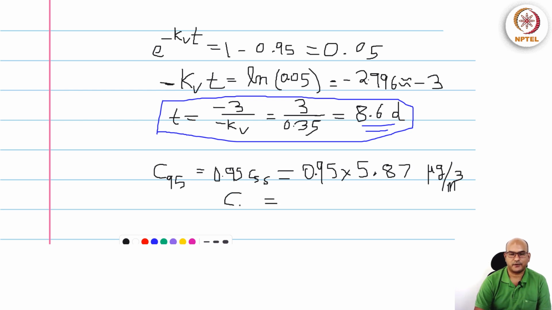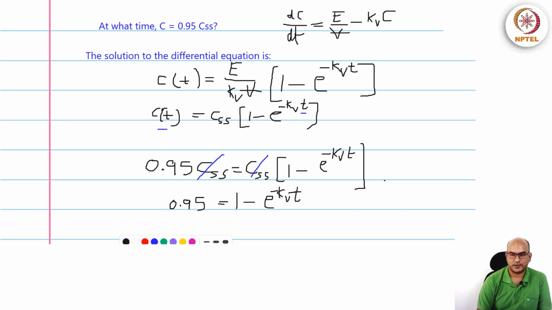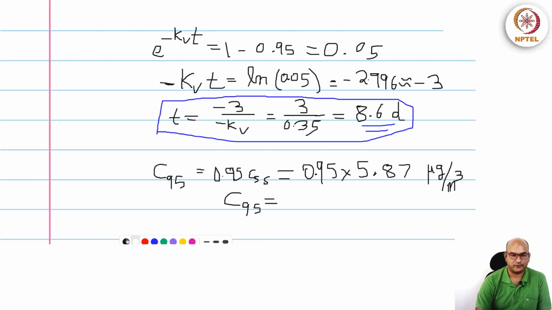So C95 will be 0.95 times 5.87, which is around 5.6 micrograms per meter cube.